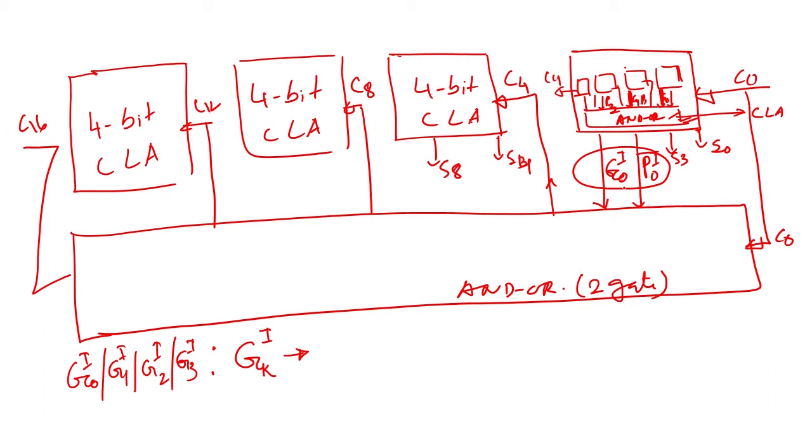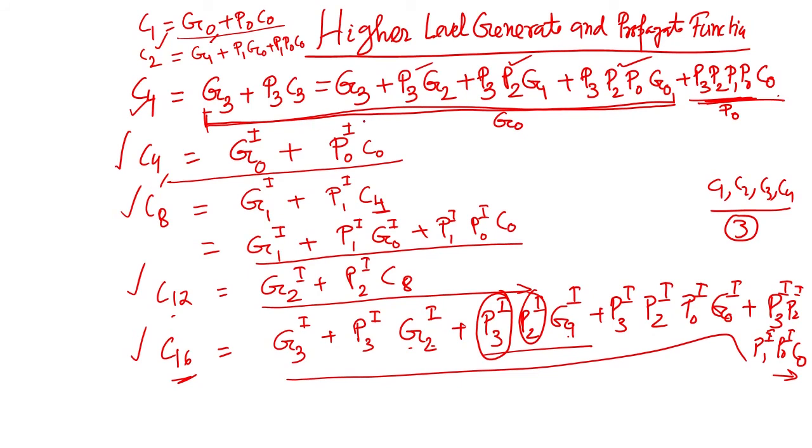So, how will it generate G0, P0? Again you have to go here. G0 is this part, and similarly here we will get this part, up to this one will be G0, that is G0 I, and this is P0 I. So, to generate G0 I, we should have P0, P1, P2, P3 and G1, G2, G3.